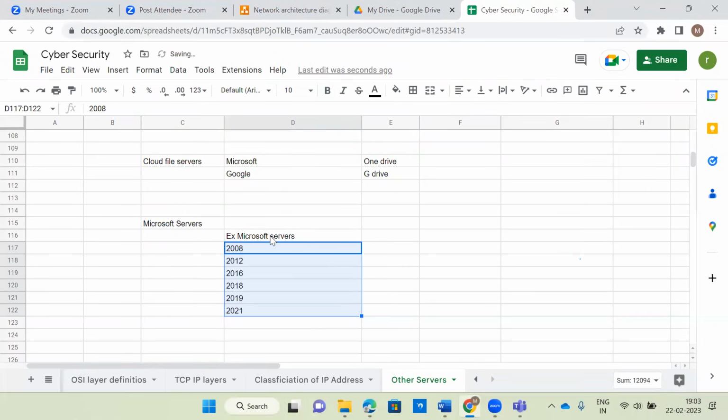Whenever any alert or incident contains these types of server, we have to identify it as a server: 2008, 2012, 2016, 18, 19, 21. All these are servers. If a server is compromised, then our business impact analysis, risk assessment, and also containment, meaning network isolation, and even incident investigation are different.